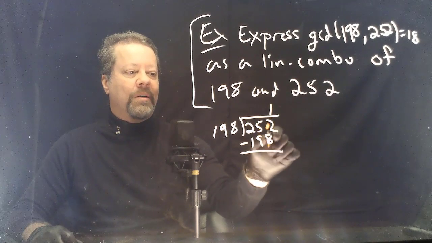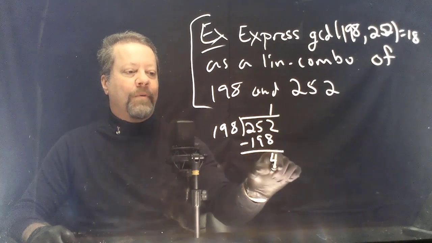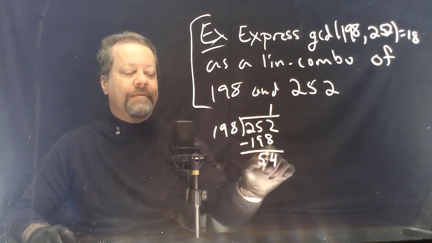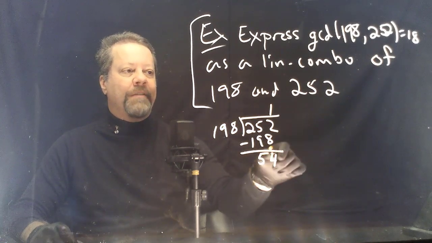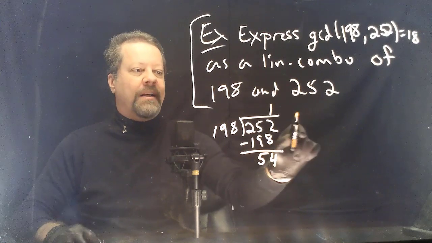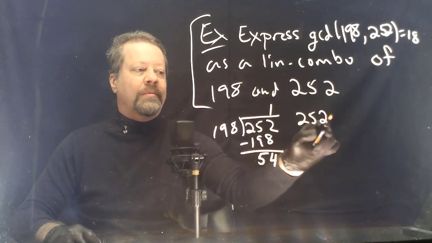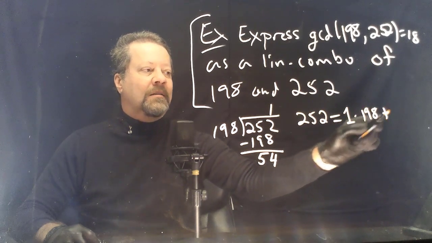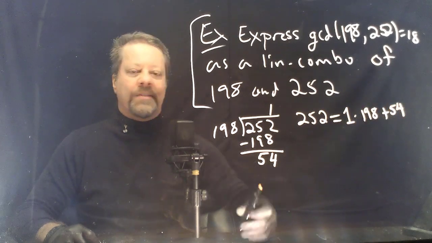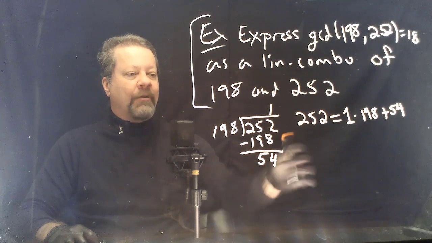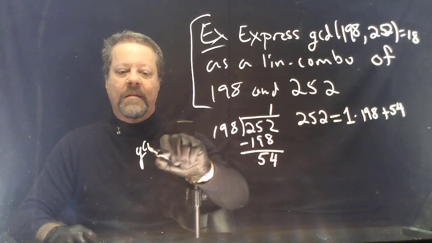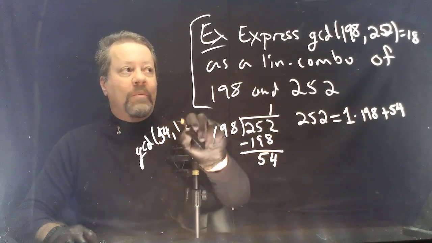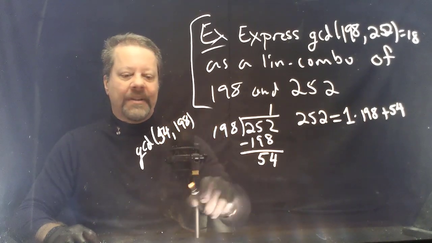We'll have to borrow: 12 minus 8 is 4. We'll have to borrow again. 14 minus 9 is 5. And so we get a remainder of 54, which tells us then that 252 is equal to 1 times 198 plus 54. Now we'll find the GCD of 54 and 198, and we'll do it the same way.